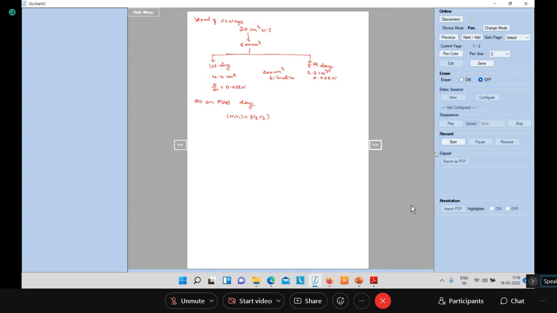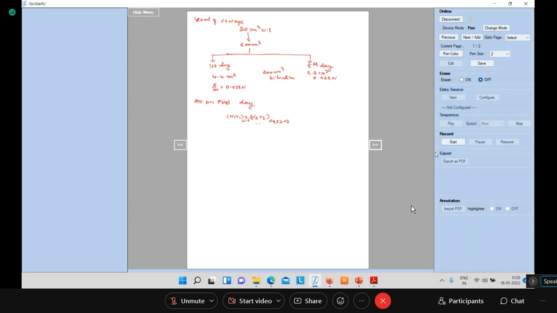We can consider N2V2 as sodium thiosulfate, Na2S2O3, and N1V1 for the water sample.